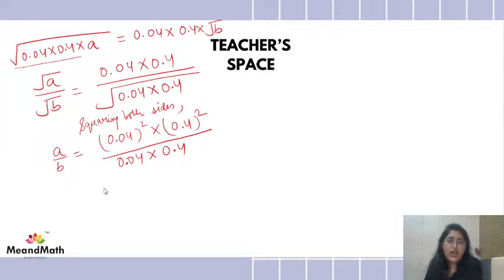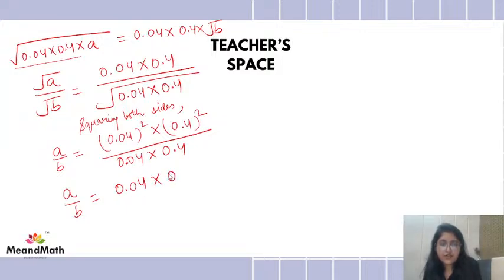All right. Okay. So now when we find this thing, see, out of the 0.04, we are left with 0.04 and 0.4.